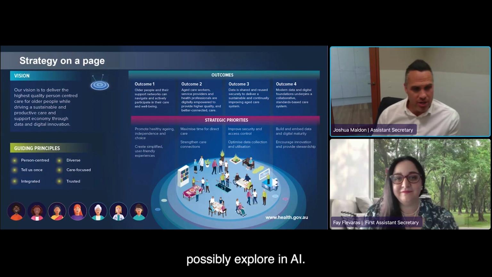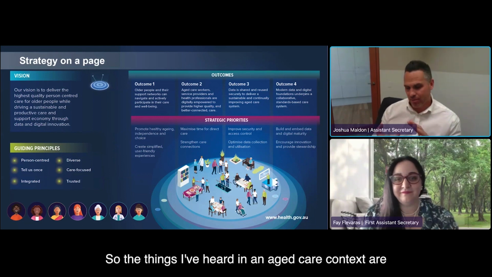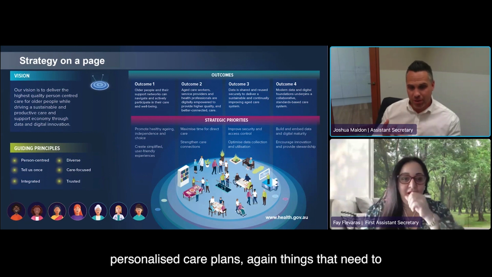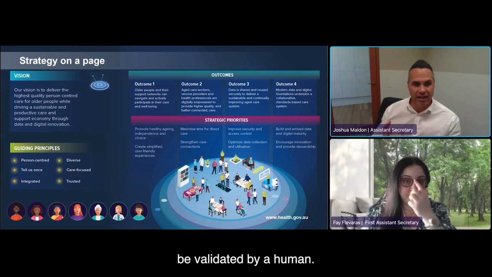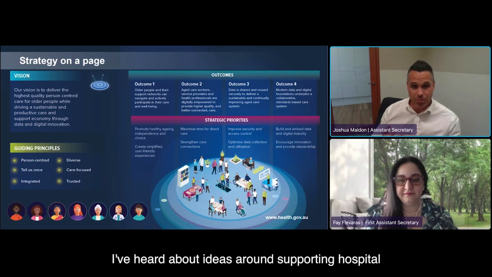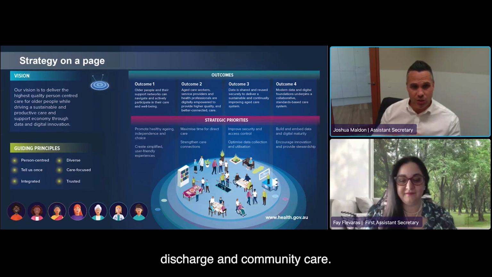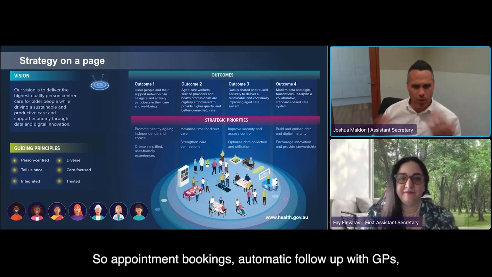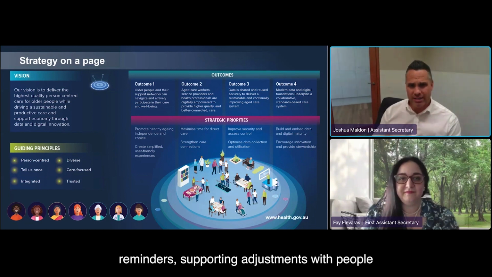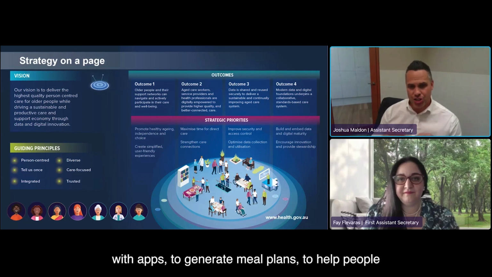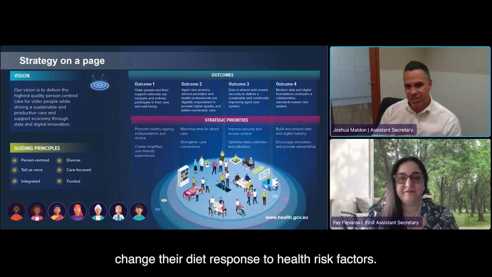So the things I've heard in an aged care context are personalised care plans, again, things that need to be validated by a human. I've heard about ideas around supporting hospital discharge and community care, so appointment bookings, automatic follow-up with GPs, reminders, supporting adjustments with people, with apps to generate meal plans, to help people change their diet in response to health risk factors.